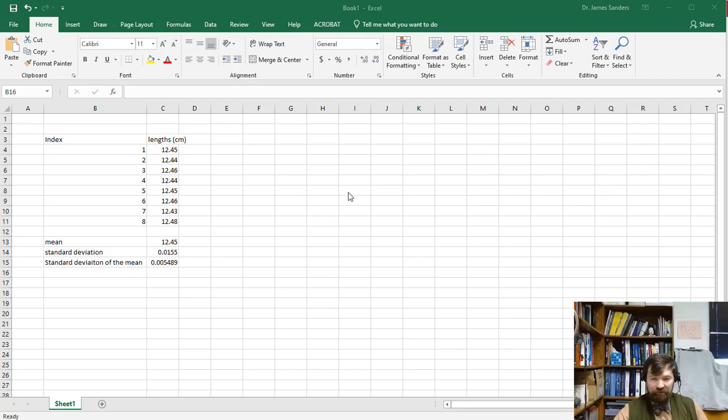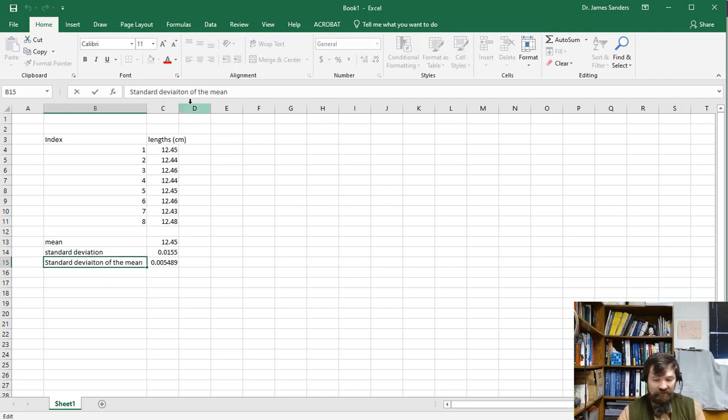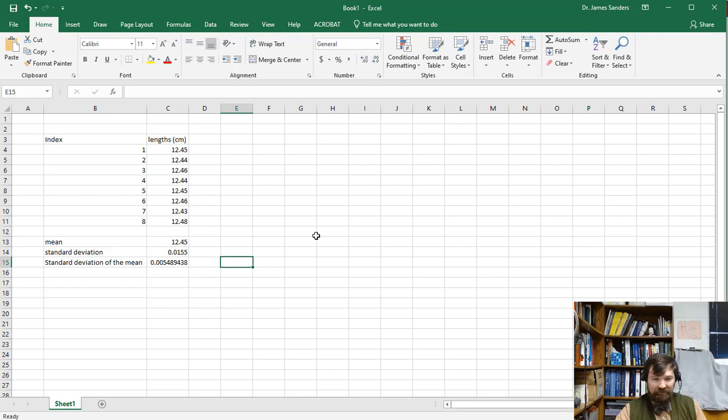I've pulled open here Excel, and you could do this in Excel, you could do this in LibreOffice, whichever you'd like. These are my indices, so I have my 8 measurements.